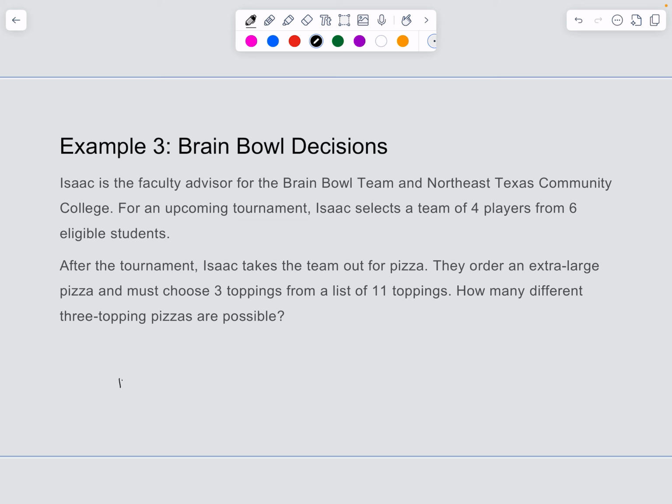So we have 11 possibilities. We are choosing 3. 11 factorial over 11 minus 3 factorial, times that 3 factorial. Okay, so we have 8.